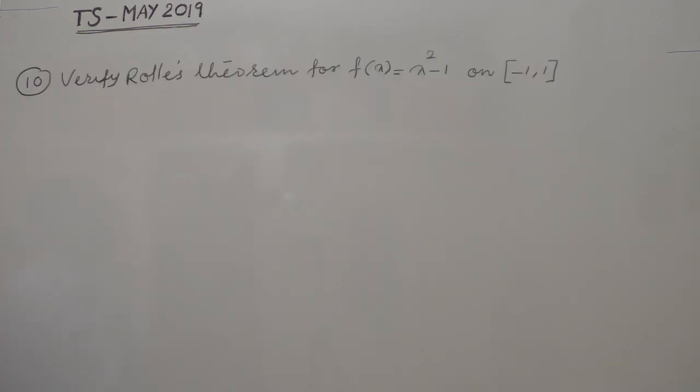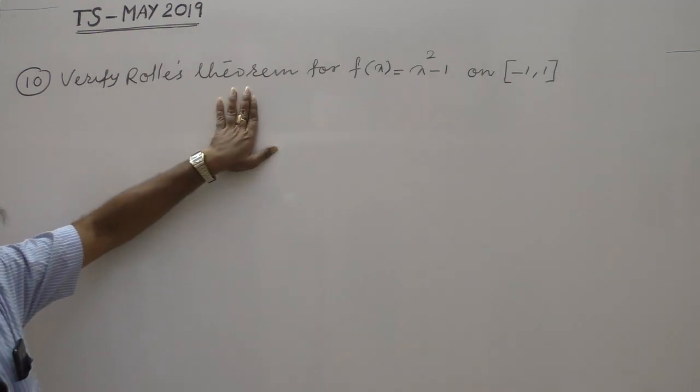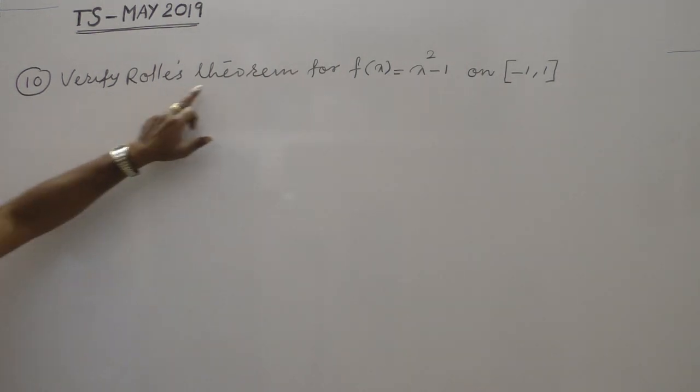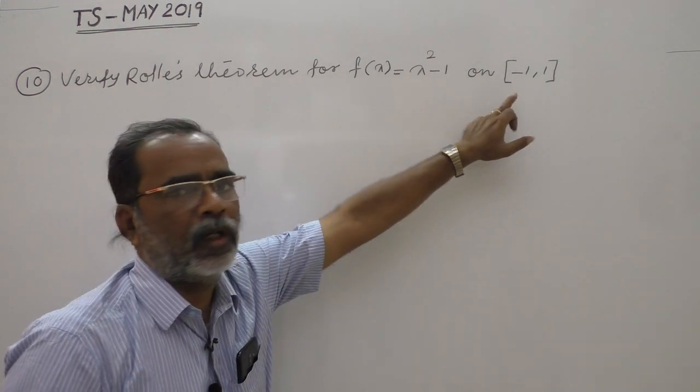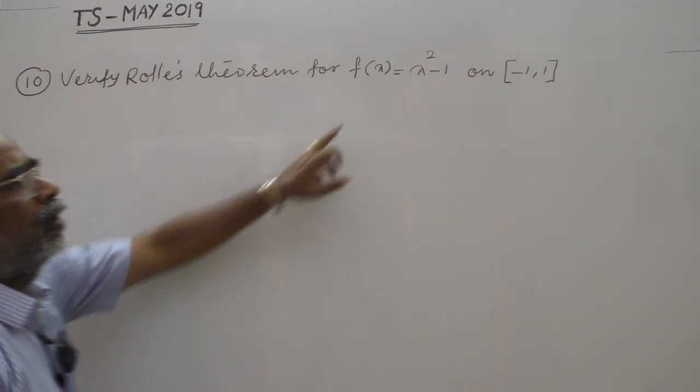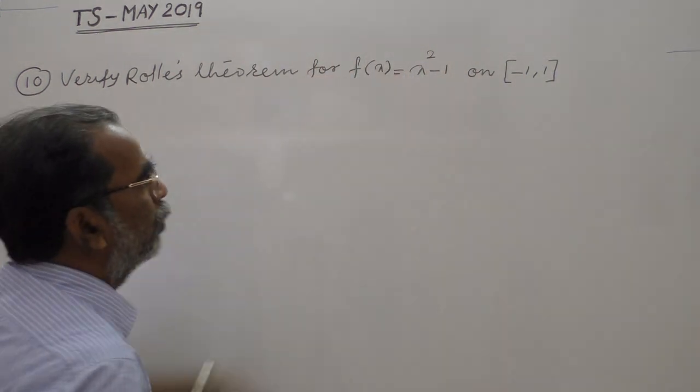Next, question number 10. This question is from mean value theorems. Verify Rolle's theorem for this function on the closed interval this. The given function is a polynomial function.